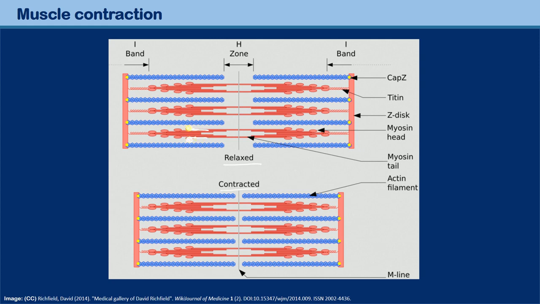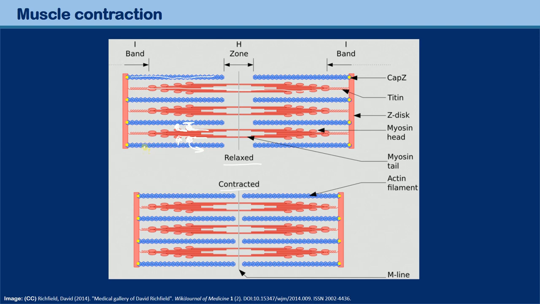These little heads are able to cross-link with the actin, because that's the actin. The red one here is the myosin. The heads cross-link with the actin and move back, they flip back, and that's how it is able to contract. I'm going to explain in a different video how this happens on a chemical level.